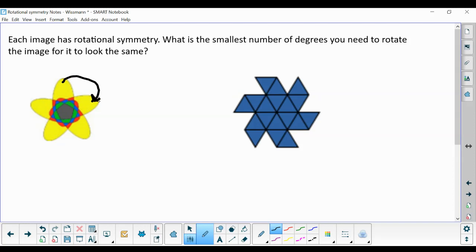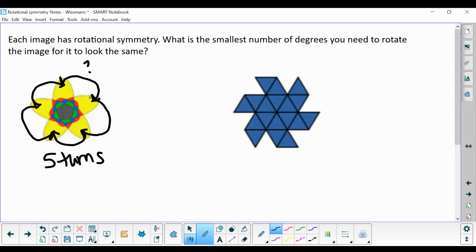From this petal to this petal, that's 2 turns, 3 turns, 4 turns, 5 turns. So it takes 5 turns to get back where I started, and I can stop at each of those places and it'll look exactly the same. But how many degrees is each of these turns? That's what my question is asking, the smallest number of degrees.